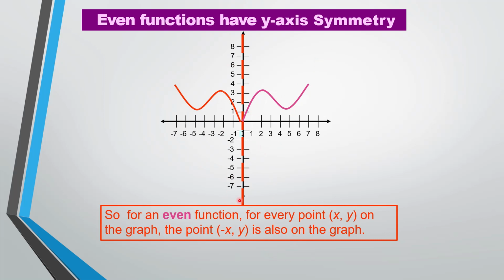If we replace the value of x by minus x, the point also lies on the graph. So even functions have y-axis symmetry: the y-axis acts as a mirror line, or axis of symmetry, and the function and its minus x values are mirror images. The y-axis acts like a mirror, you can easily see that.